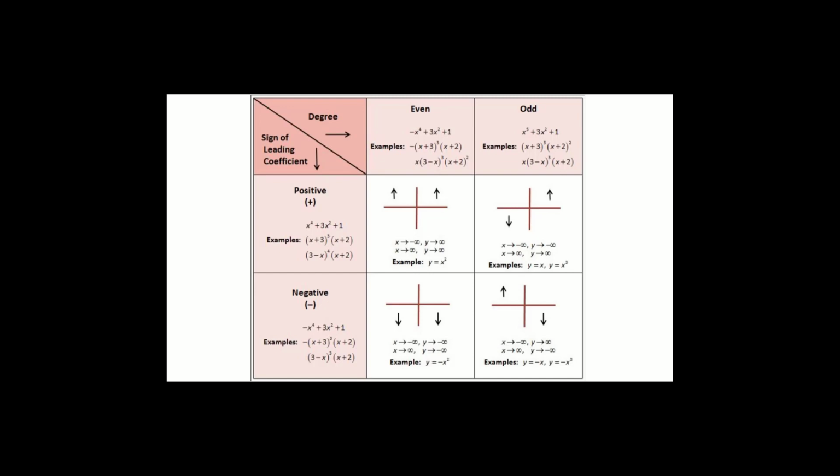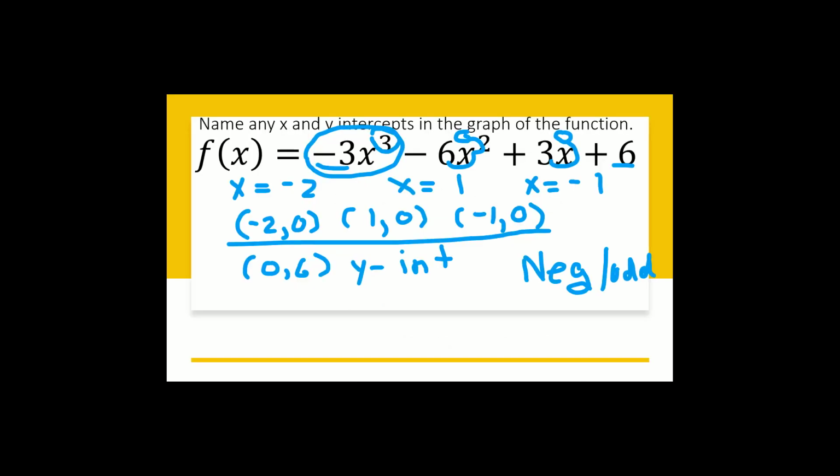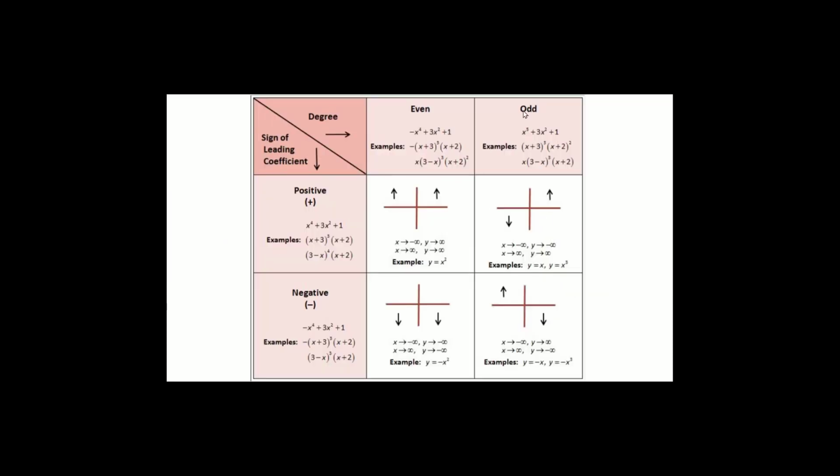So let's just go back and look again. Negative and odd. So let's find that on our chart. Odd and negative. So where those two meet are right here. So it's going to be rising in the second quadrant, and it's going to be descending in the fourth quadrant.